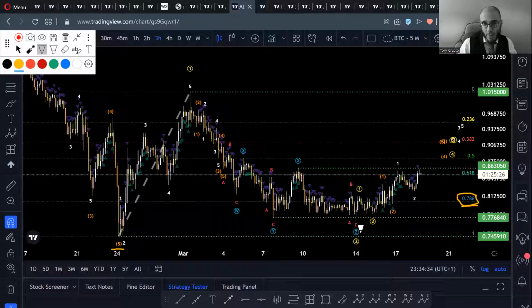And once you retrace that much, the probability of breaking the lows, the low here is at 74.59, is quite high once you did break that low.